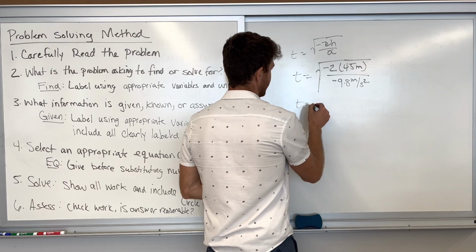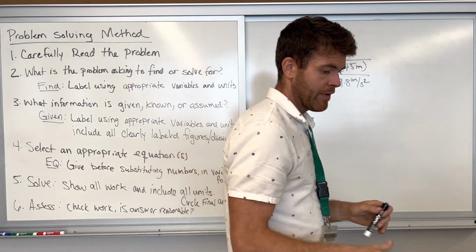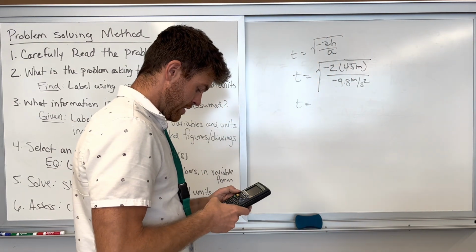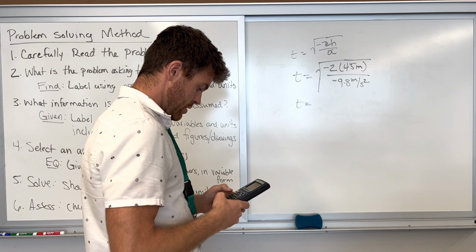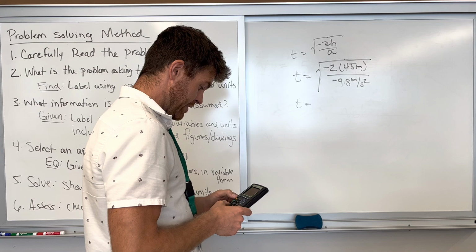So time equals, so we have 90 divided by 9.8. Then we're going to take the square root of that.